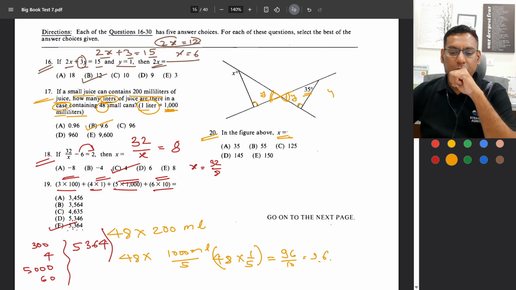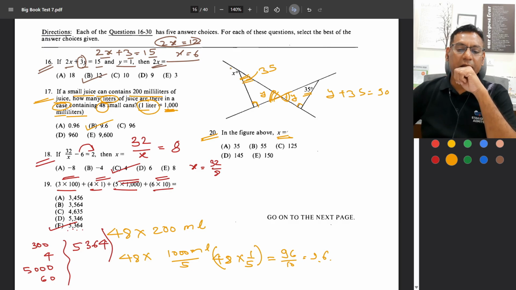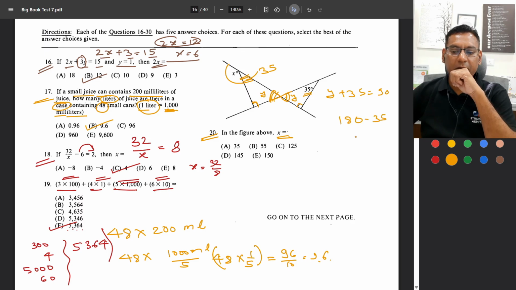So y plus 35 is 90, because here also y plus 35 has to be 90, correct? So if this is 35, what is x? It's going to be 180 minus 35, which is going to be 145.